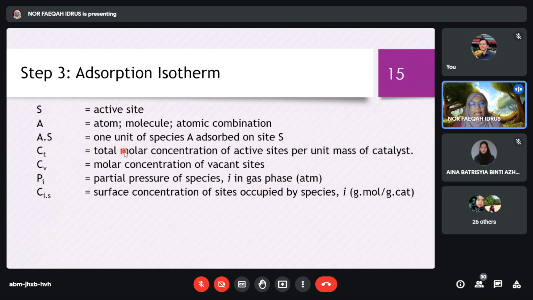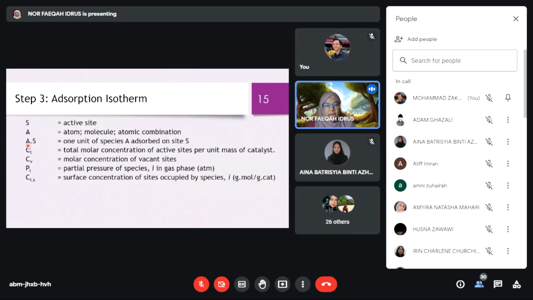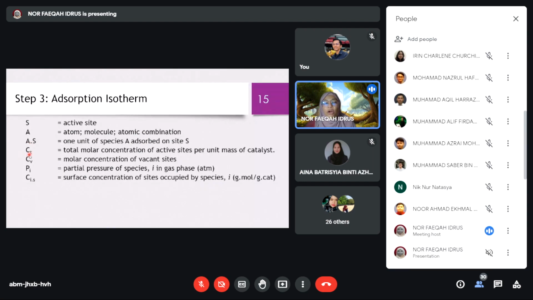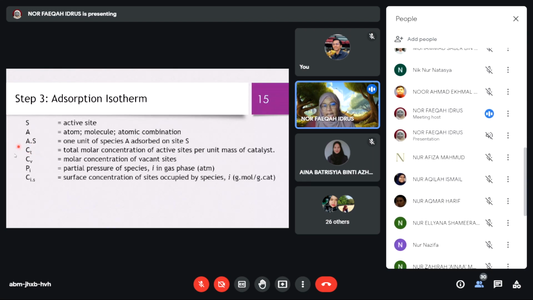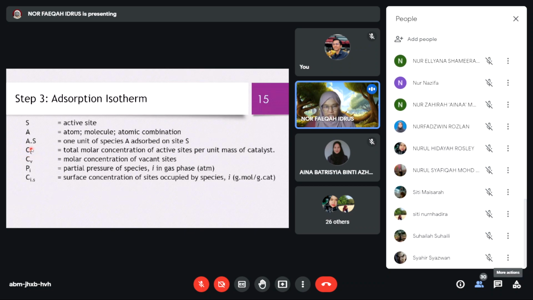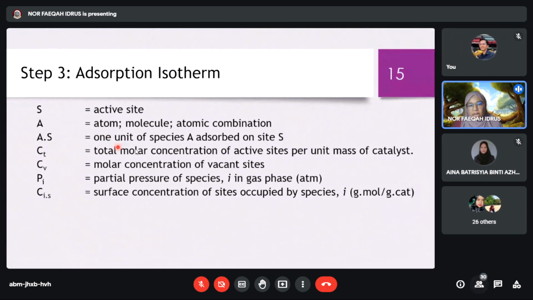So the species A adsorbed on active site S, we write it as A.S. Then C_T, where C is the concentration, capital C with subscript T. What is the definition of C_T? C_T is the total molar concentration of active sites per unit mass of catalyst.